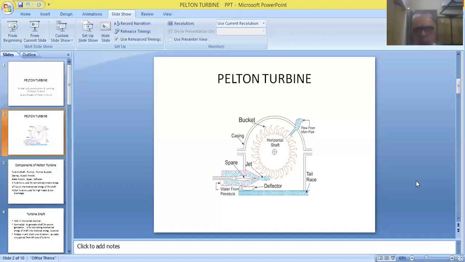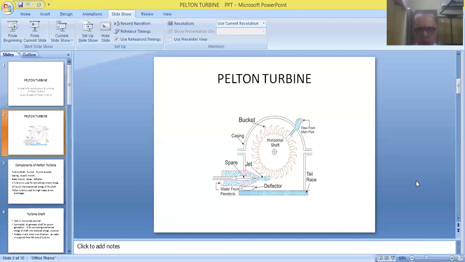It's operating at a low speed, so it's called a low speed turbine. It requires maximum energy, so it's a high head turbine. It requires less quantity of water, so it's a low discharge turbine. It will be taking maximum amount of kinetic energy, so it is called a velocity turbine.